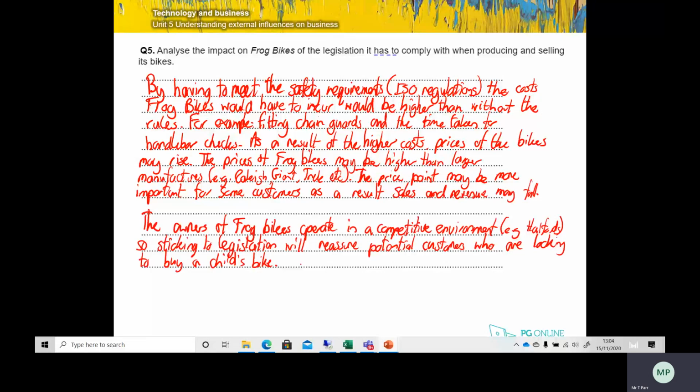So what does this mean? This means that Frog Bikes will build a strong reputation for safe, good quality children's bikes.